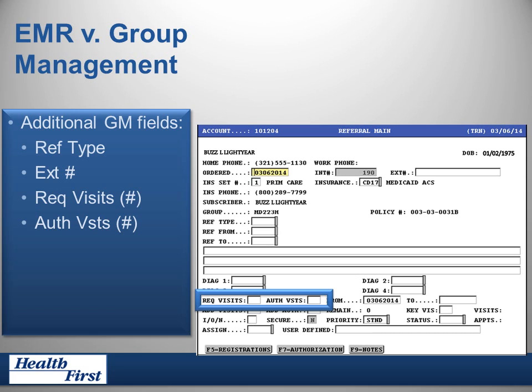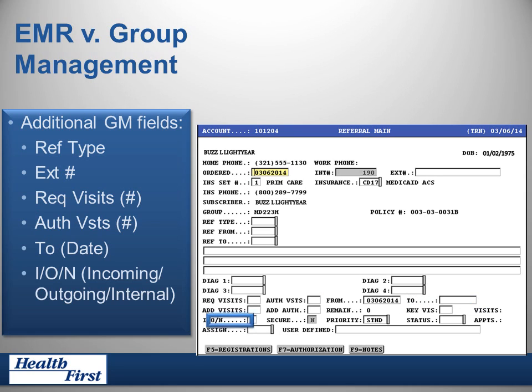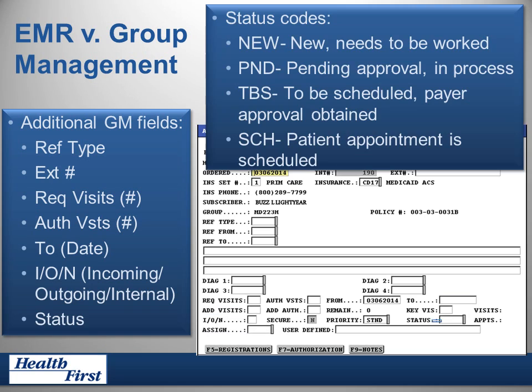You will enter the requested number of visits and authorized number of visits, as well as the date the authorization expires. You'll denote the referral as incoming, outgoing, or internal, and you'll update the status as new, needing to be worked, pending approval and in process, to be scheduled, approval obtained, or scheduled.